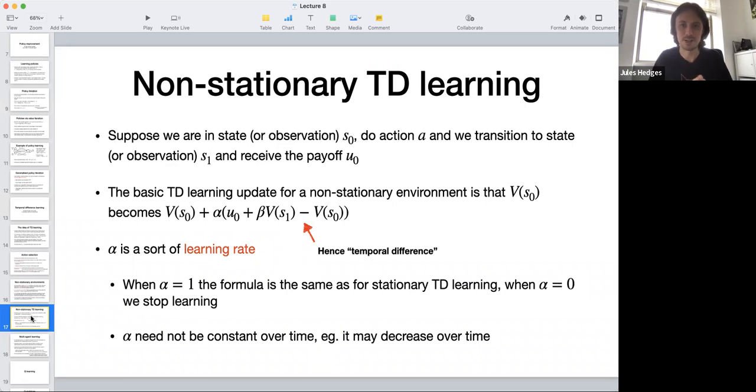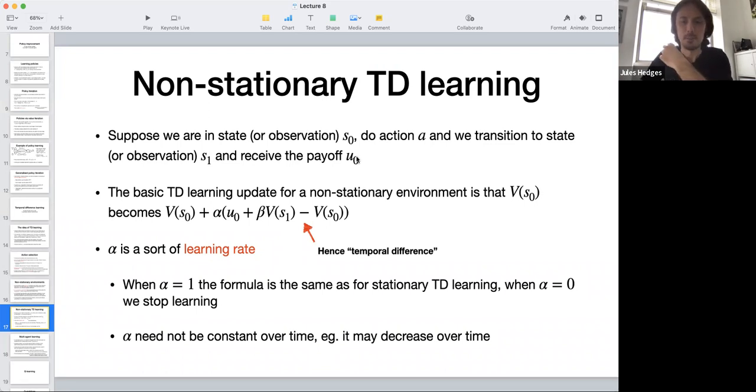Okay, let's get to the details, the real equations that are used. So for learning in a non-stationary environment, how can we do it? Well, the basic update rule. Suppose the same setting as before. We're in some state, we do some action, and we watch what the environment does. We see that it transitions to a new state or new observation S1, and it gives us the payoff U0.